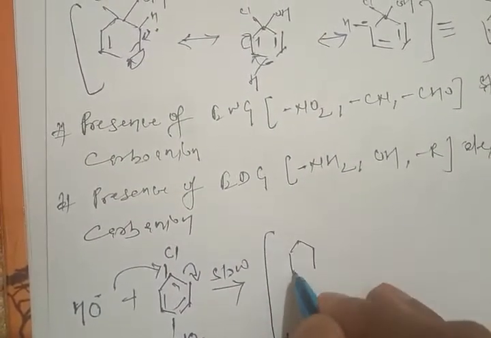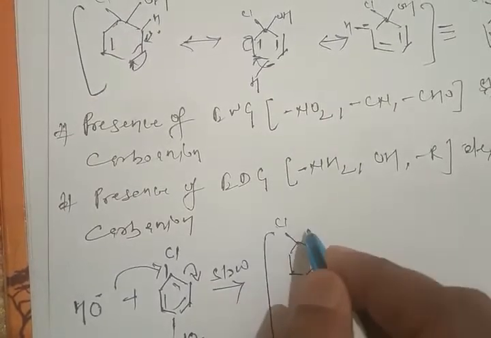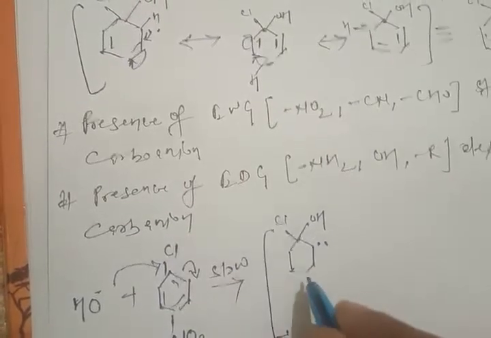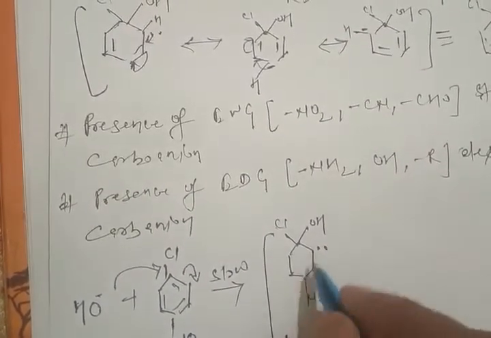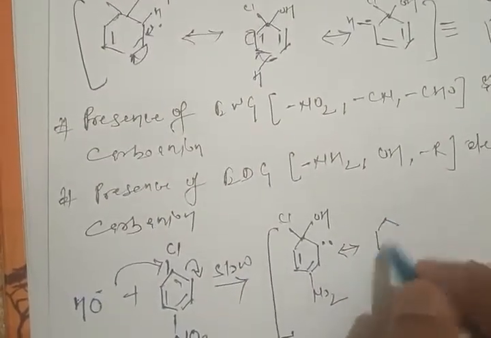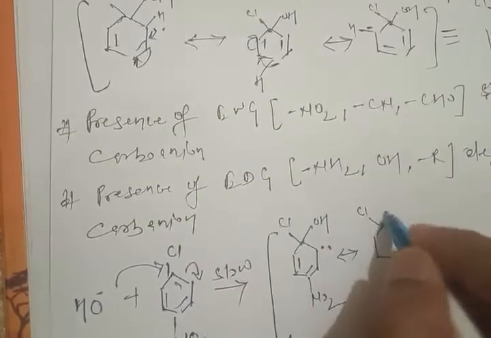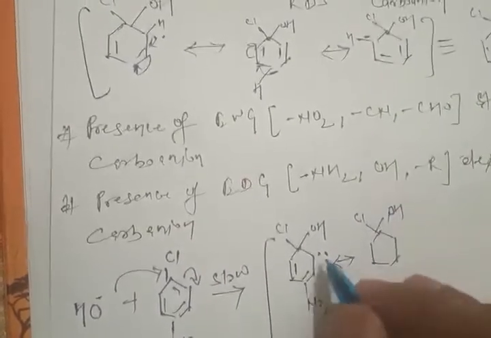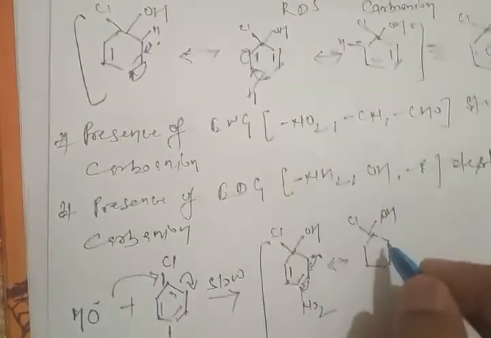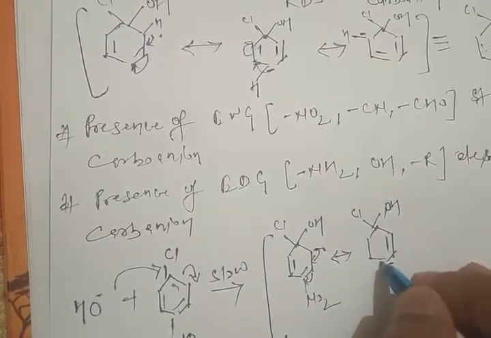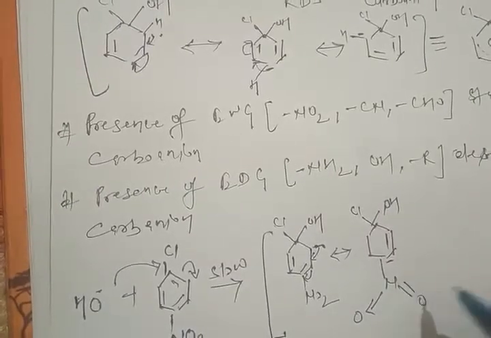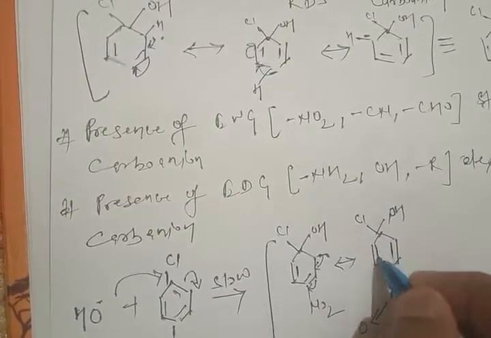Here I am drawing the resonating structure: the Cl and OH, this is the negative charge, and NO2. Then the second structure, Cl and OH. This negative charge will go to this side and this will move to this side. So here is the negative charge and N. We had already done this in our previous video, but we still need to discuss it here.